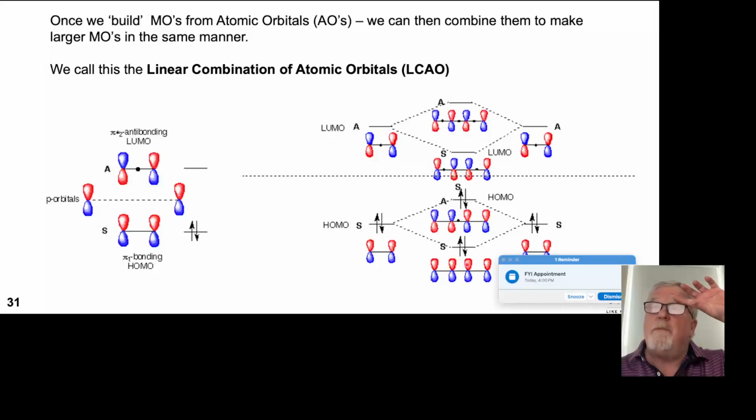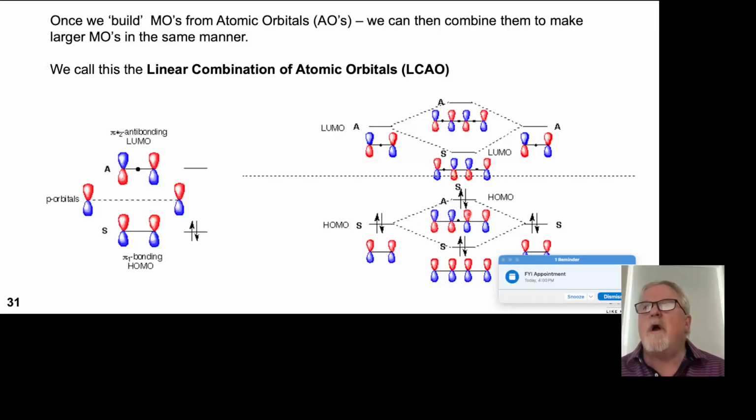We can also mix them together in an anti-bonding fashion, in which case there's a change in phase on going from this carbon to this carbon over here. So this is an anti-bonding orbital, at least relative to this. Now notice that in this particular series of atomic orbitals contributing to the molecular orbital, these two have the same phase, so they're interacting in a bonding fashion.